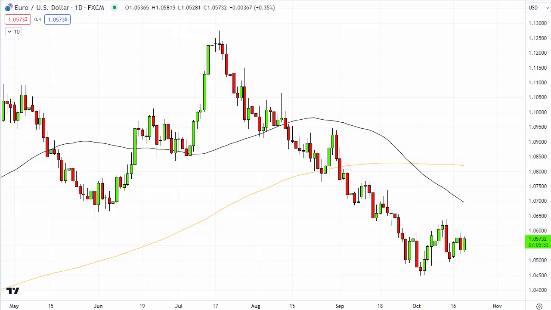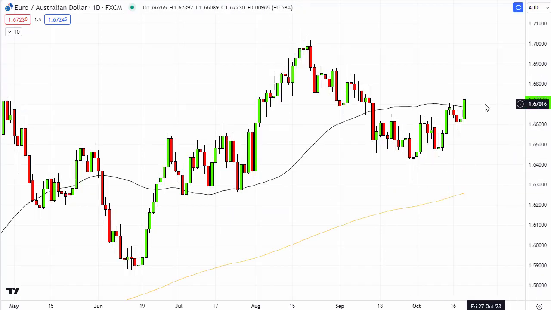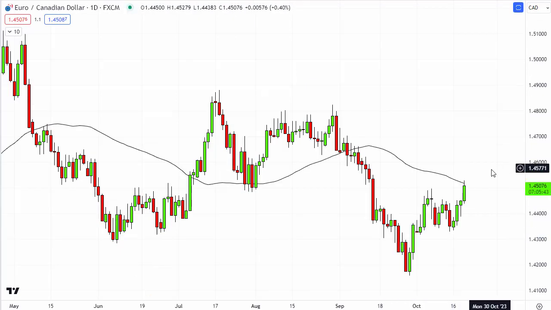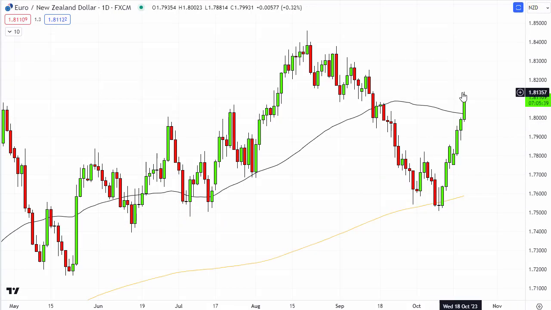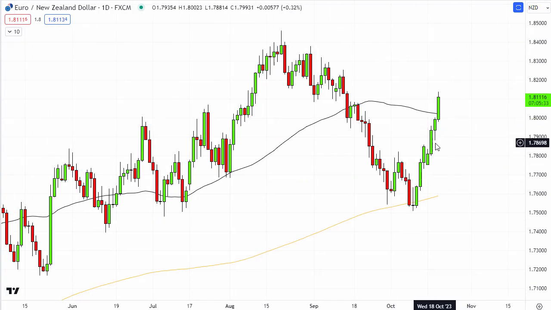And then if we go and have a look at the crosses, we can see that the euro against the pound is performing quite well. Here, the euro Aussie is performing quite well. The euro CAD has been performing quite well as well, and I'm sure the euro New Zealand as well. So across a number of majors, the euro just in this past week or two has been performing quite well.